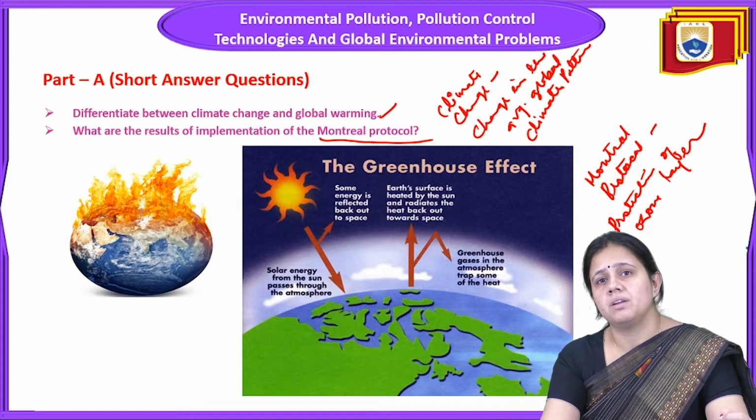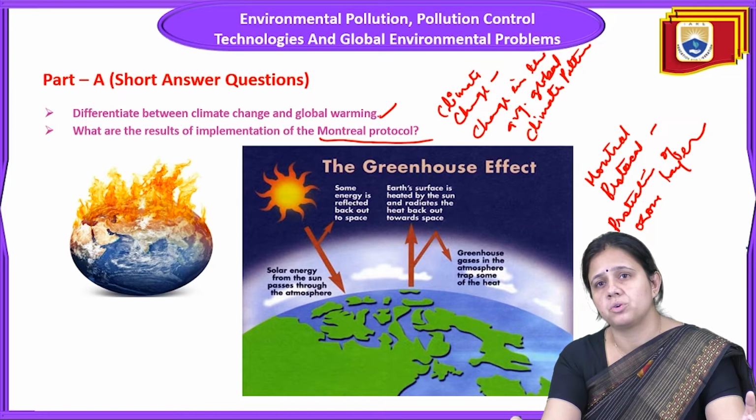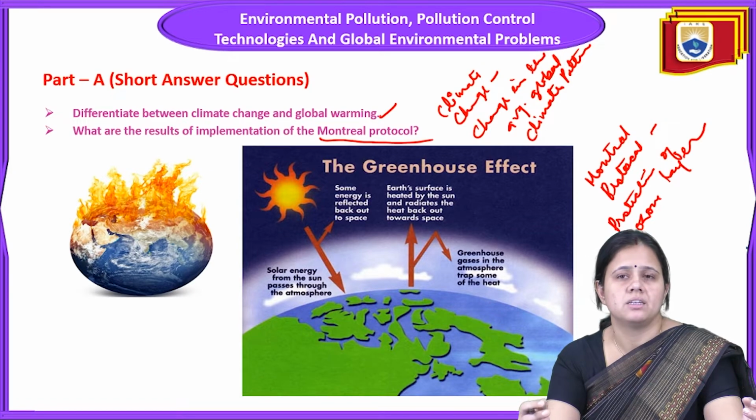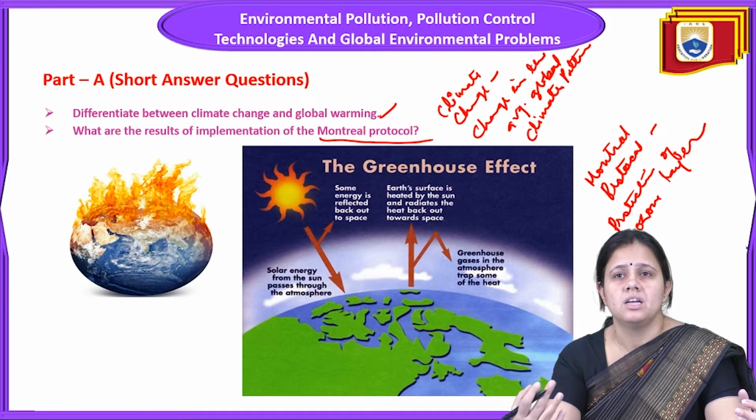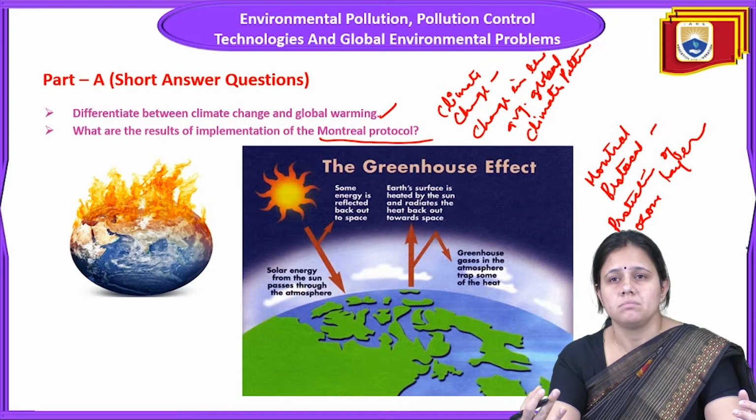A convention was made for the protection of the ozone layer. In this Montreal Protocol, all ozone depleting substances have been curbed, means they have made standards or rules regarding the production of ozone depleting substances.